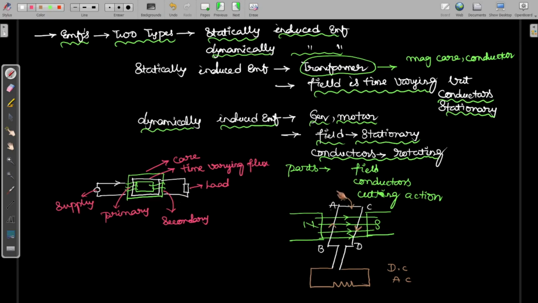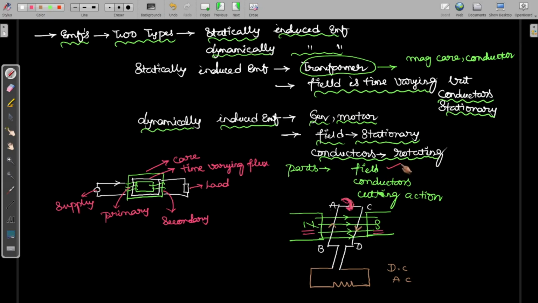In the case of dynamically induced EMF, the north pole is placed here and the south pole is placed there. The flux lines travel from the north pole to the south pole, and the conductors are placed in between. If the conductors start rotating, a cutting action takes place.